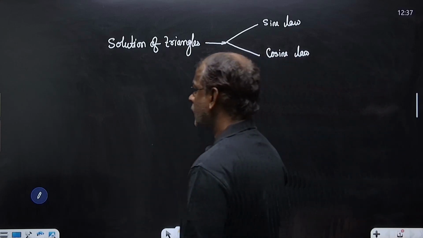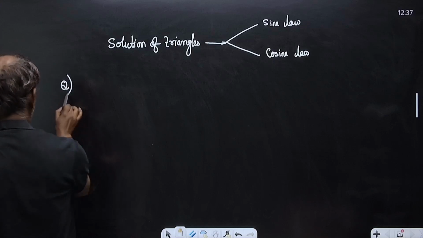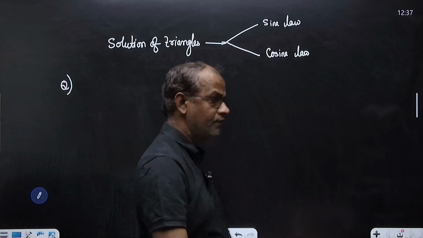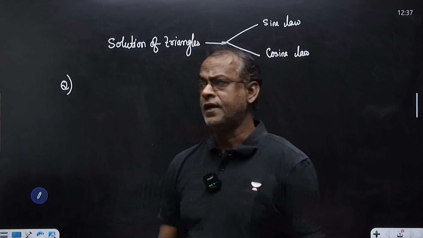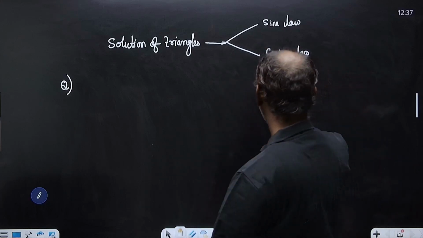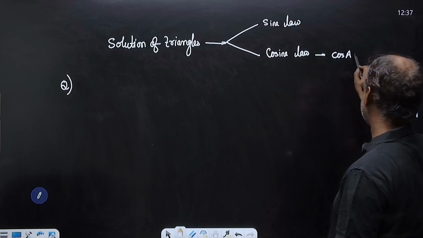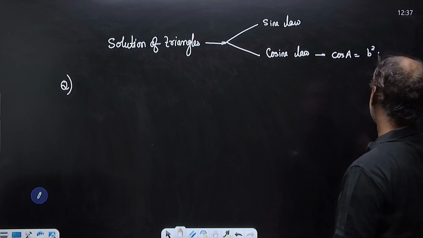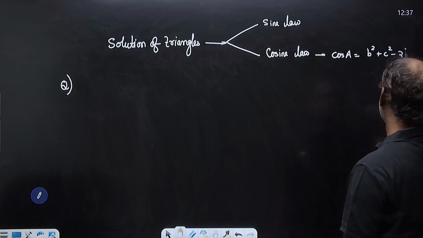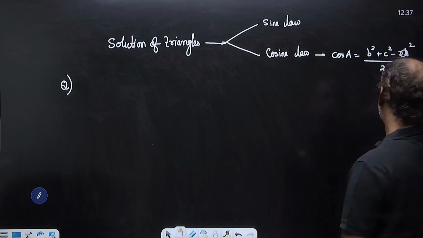Now, in cosine law, one of the questions that we did earlier, while dealing with right angle triangles, we will do the same thing using cosine law. Cosine law, I hope you remember: cos A is b square plus c square minus a square upon 2bc.